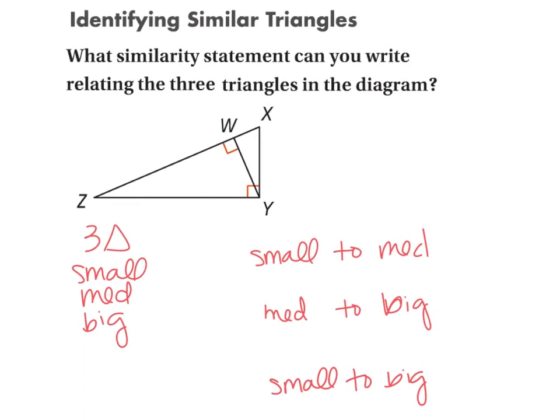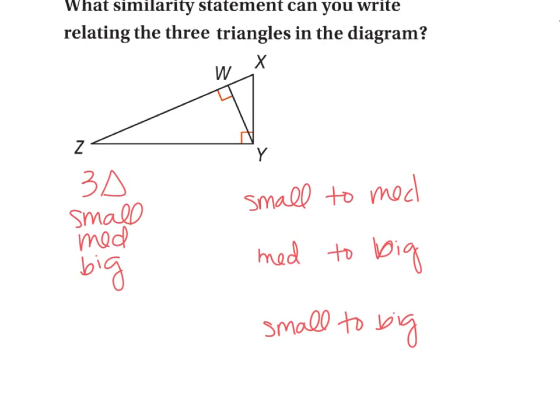Okay, so now let's do the small, and I'm going to outline this. The small one is going to be in green. So I'll do that and that. Let's do the medium one in red. So it looks like that. And then the big one, let's do in blue.